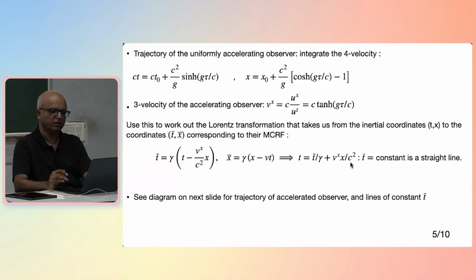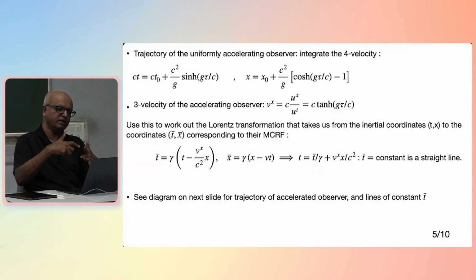This is a straight line. What am I trying to do? I want to see what t bar equals constant looks like in the t-x plane, because t bar is the time in the MCRF when your speed is Vx.